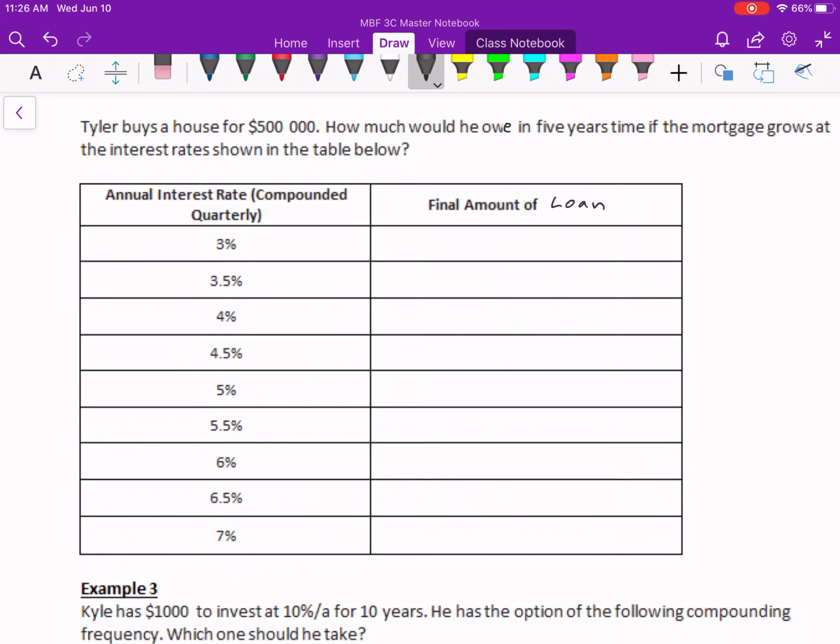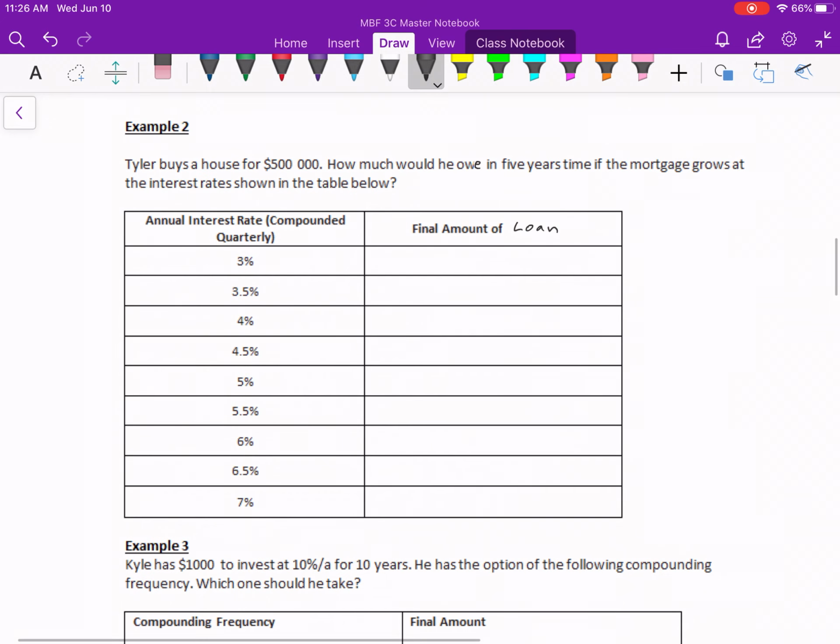All right. So what we have for this one is the principal is $500,000. 5 years is the time. That's going to be our period. Quarterly, we have to look down here to see that it's compounded quarterly.